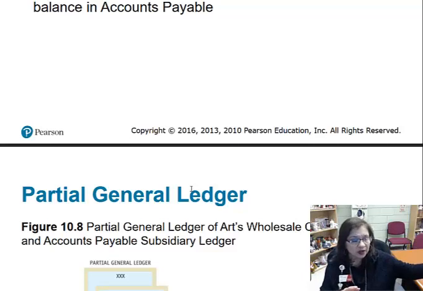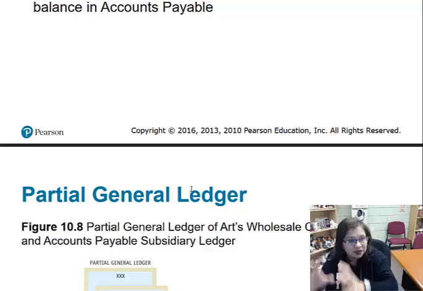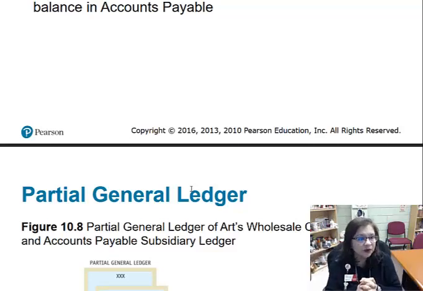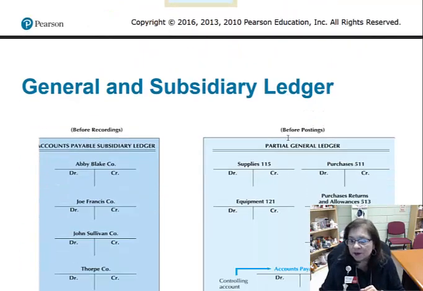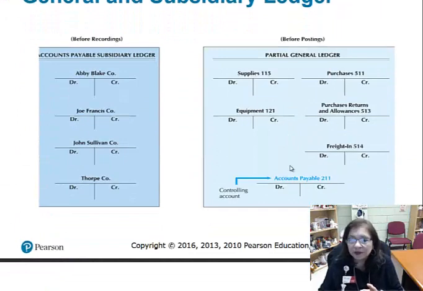Just like last week, when we had the accounts receivable ledgers with the controlling accounts and then the subsidiary accounts, the same thing is happening right now with accounts payable, because we're the ones purchasing. So notice what we have here. Again, accounts payable, not accounts receivable. Accounts payable, the people we owe, which is Abby Blake, Joe Francis, John Sullivan, and the Thorpe Company. This is what it would look like.